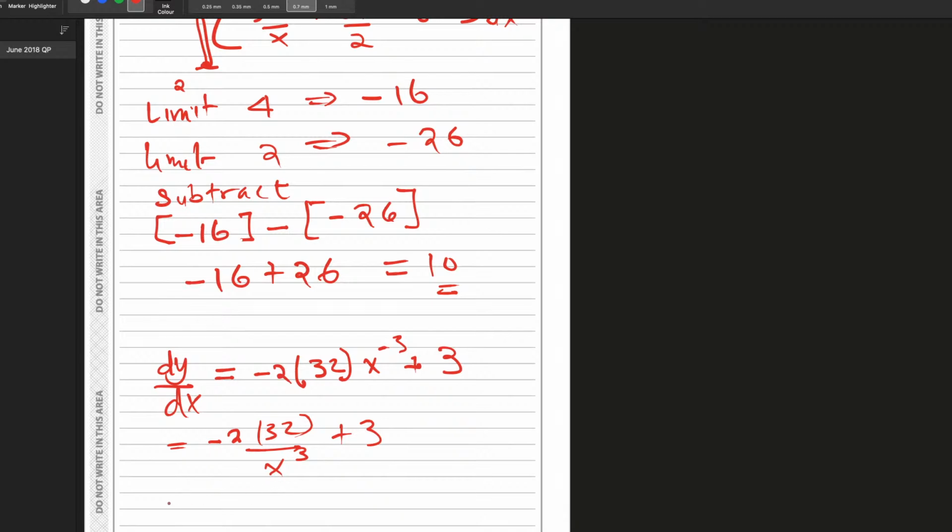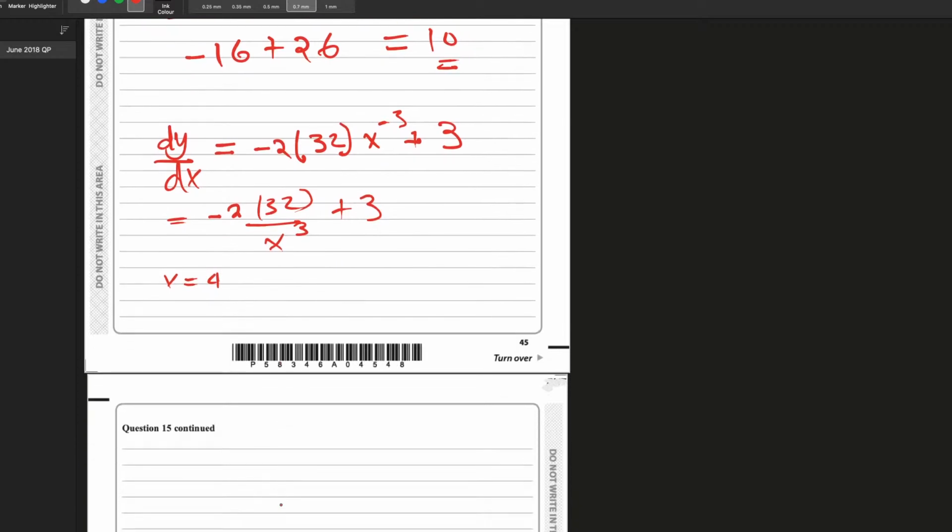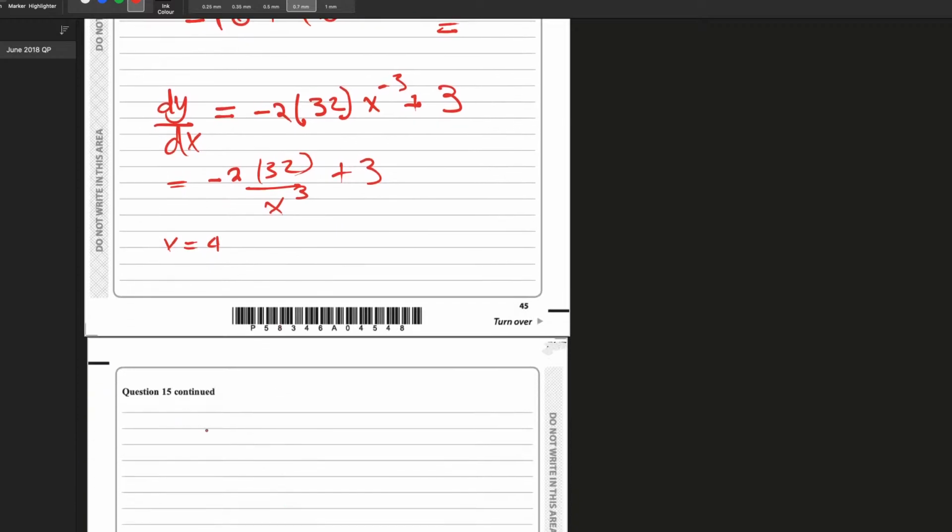When x equals 4, we are going to get negative 64 over 4 cubed plus 3.